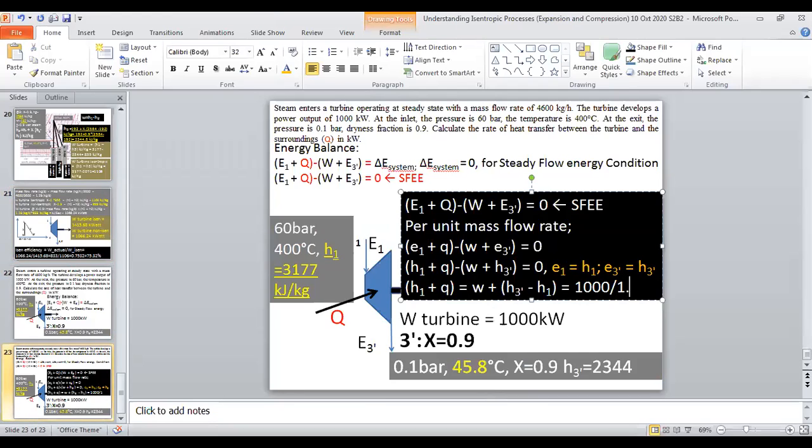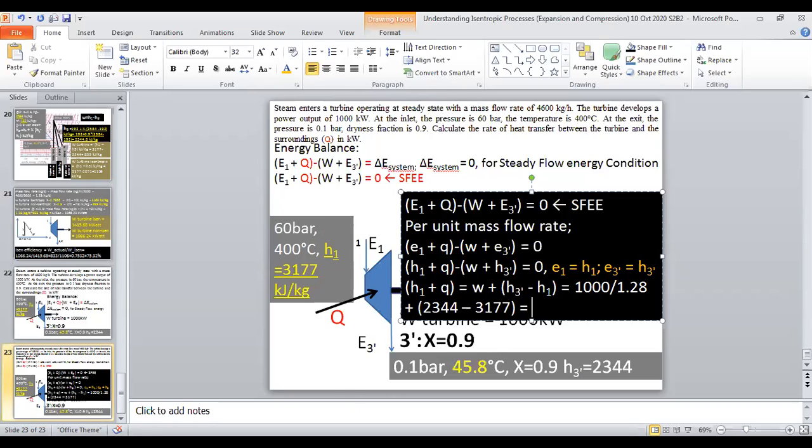Plus H3 dash, 2344 kilojoule per kilogram, minus H1, 3177. You can see, this is the answer.